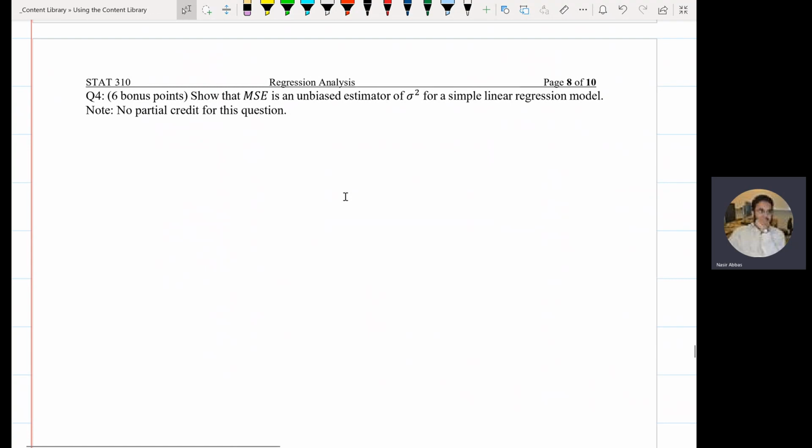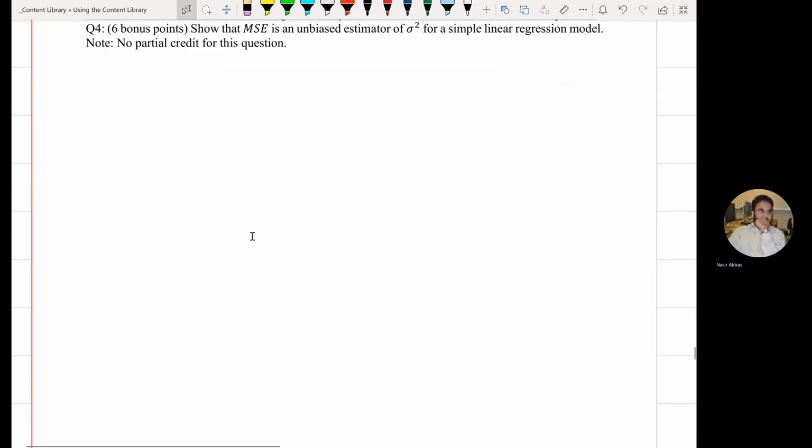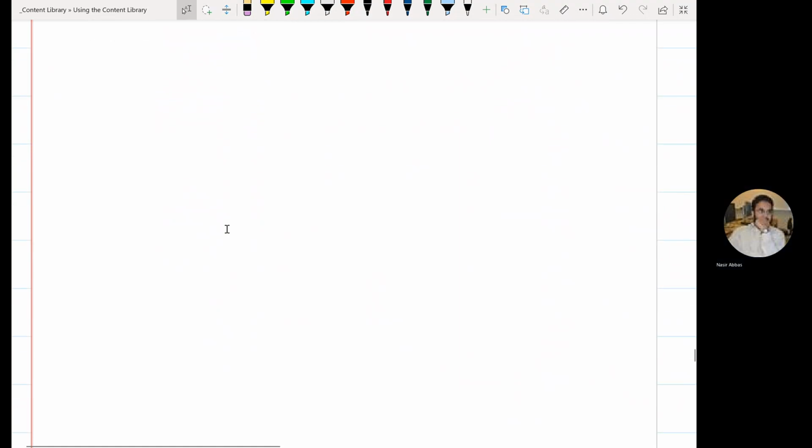I'll give you the same question as a bonus in multivariate regression, Chapter 3, matrices. For multiple regression, prove that MSE, which is SSE over n minus k minus 1, is unbiased for sigma square. If you ask me now, even I cannot prove it. I need to look at 3 books to get to the proof.